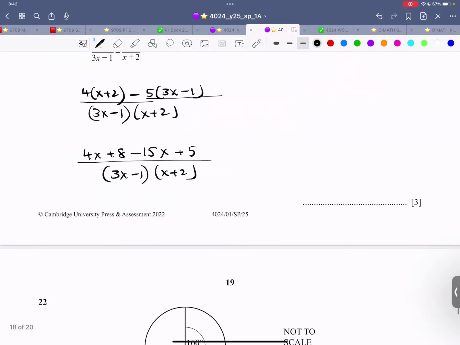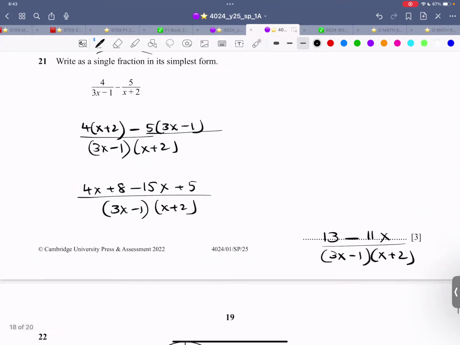One other step. So 4x minus 15x, that is negative 11x. And 5 plus 8 is 13. And then we have the denominator, (3x minus 1)(x plus 2). So 13 minus 11x over (3x minus 1)(x plus 2).